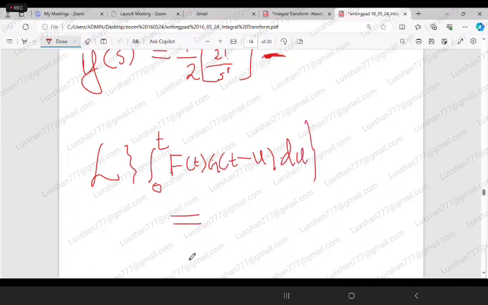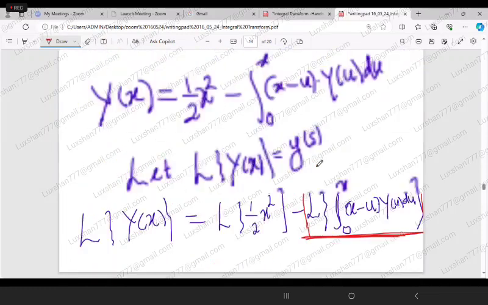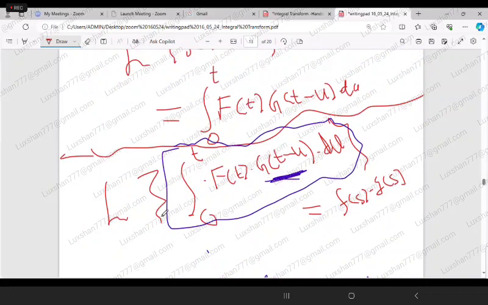Can anyone tell me what is the Laplace transform of this one? From the convolution theorem that I just discussed, what is the Laplace transform of the integral from 0 to t of f(u) g(t − u) du? F(s) into G(s), isn't it? F(s) into G(s).